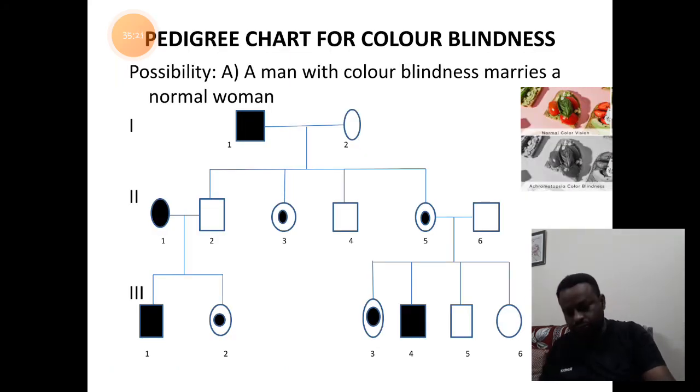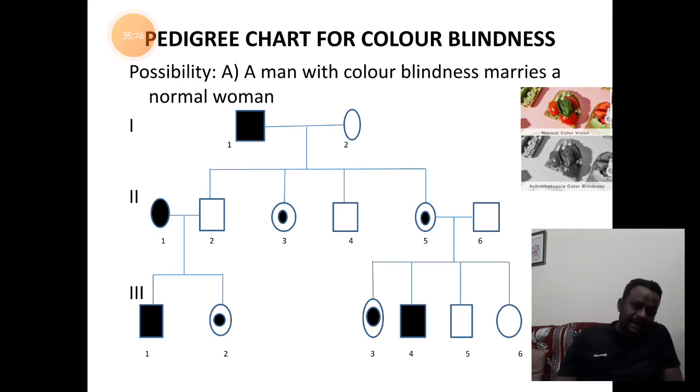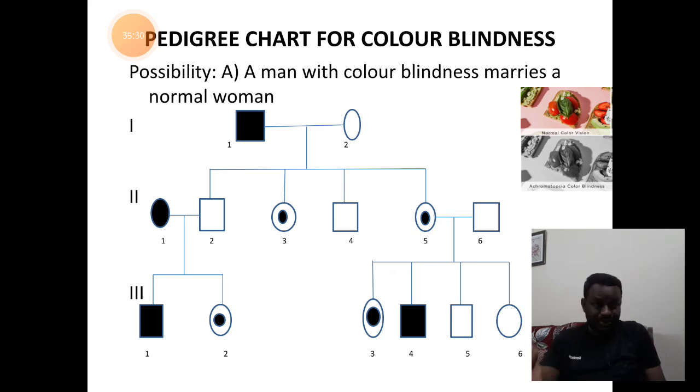Now, here come the pedigree charts for color blindness, the actual examples that we need to understand. Color blindness is a condition where the affected individuals will not be able to differentiate between the red and green color.